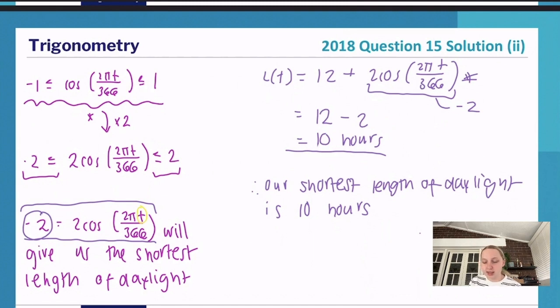We're trying to find what the length of daylight is when it's the shortest. So this is when it becomes really important again to think about your variables and understand what each of your variables means, because if you know you're not going to solve for t, you won't make the mistake of getting here and then trying to solve that.